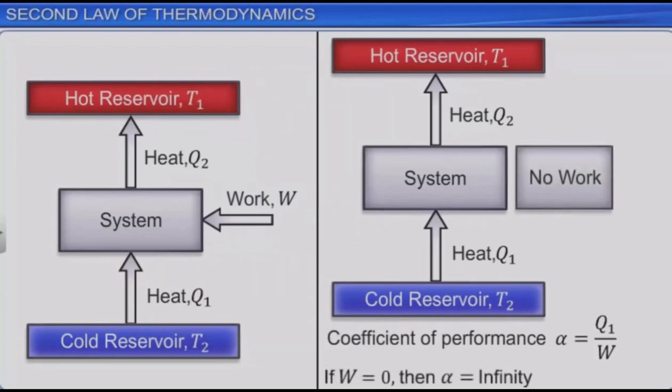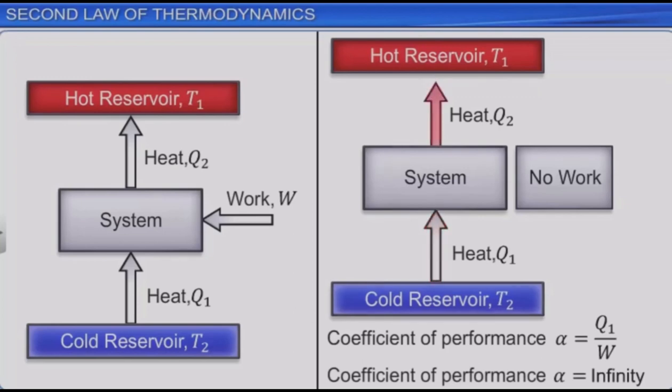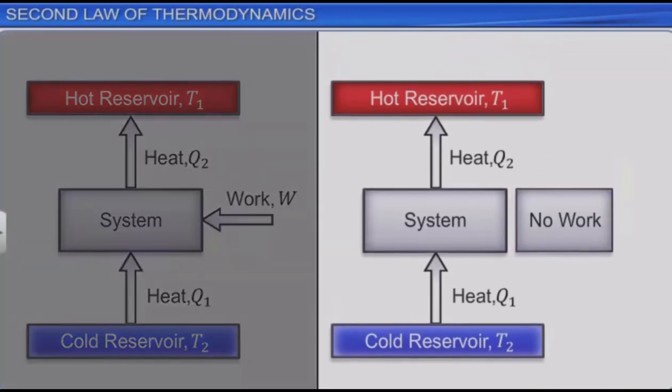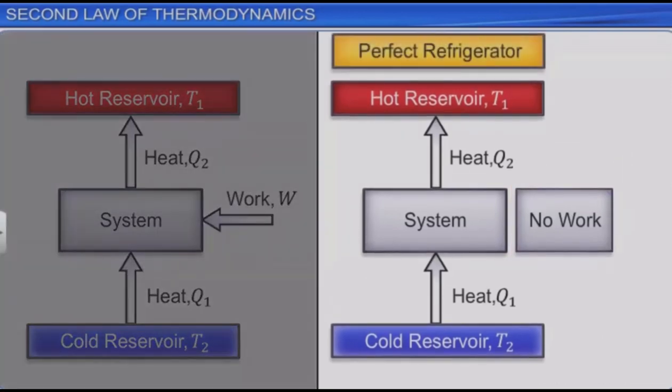If W is equal to 0, then the coefficient of performance is infinity. This means a refrigerator with a coefficient of performance equal to infinity can extract heat from a cold reservoir and release it to a hot reservoir without any external work on the system. Such a refrigerator is known as a perfect refrigerator.